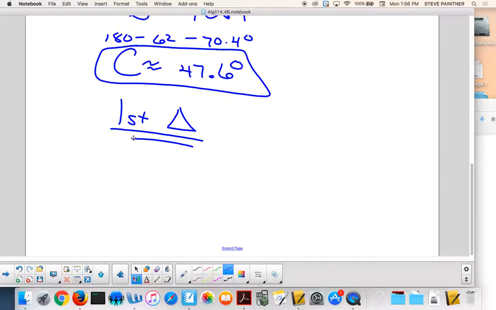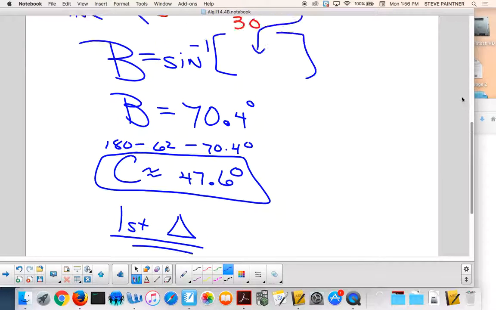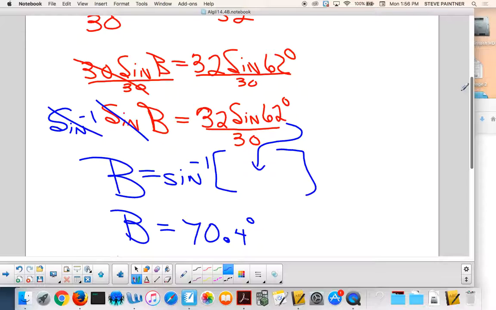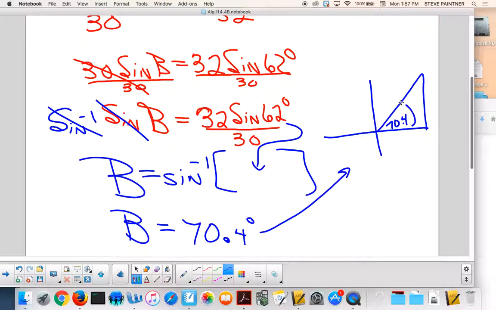First triangle does exist. All right, ready? Come on over. Let's do this one. Okay, guys, when you punch in inverse sine of that ratio and you got 70.4, your calculator is telling you 70.4 is the answer in quadrant 1, but in quadrant 2, that same triangle gives that same ratio.